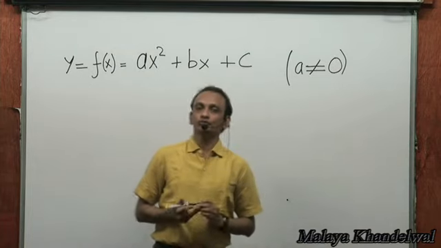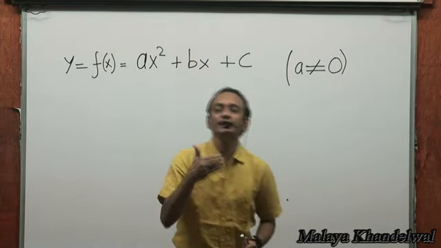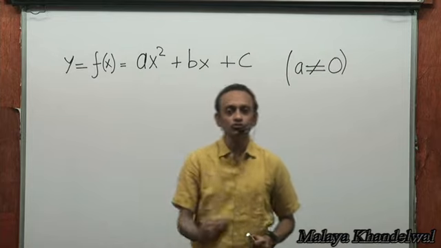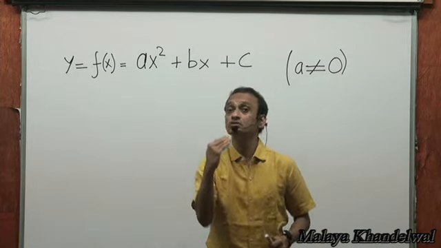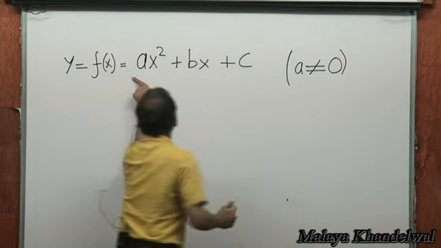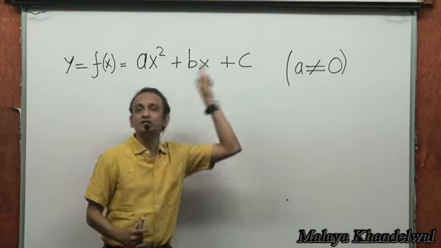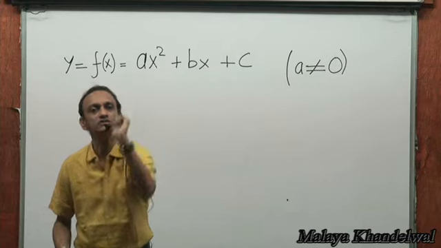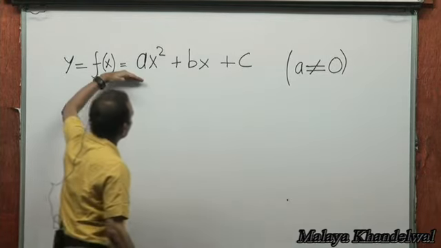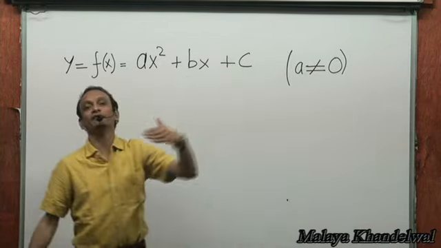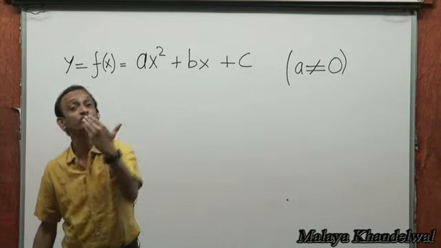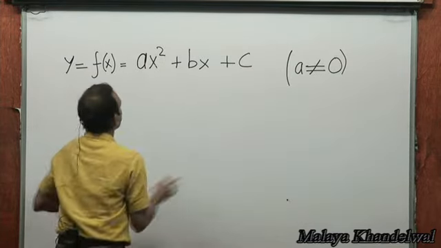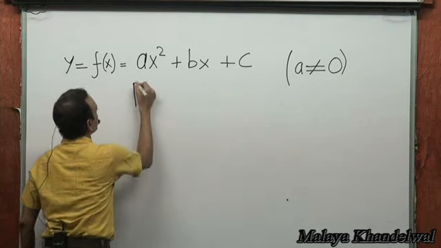Like I mentioned to you, a polynomial of degree n in x would have exactly n roots, real or complex, distinct or coincident. This is a polynomial of degree 2 in x. It would have exactly 2 roots, real or complex, distinct or coincident. That means there would be 2 values of x for which this expression would vanish. Those are referred to as the roots of the quadratic.